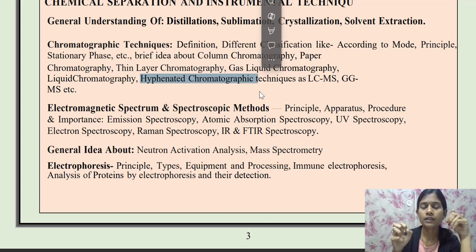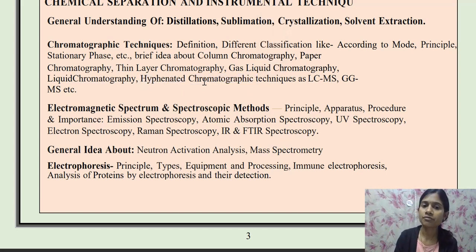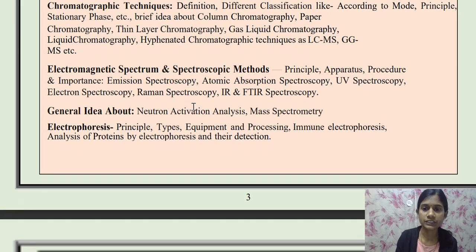If we combine these two instruments, gas chromatography and mass spectroscopy, then we can continuously separate the components and at the same time identify them. So if we add two instrumental methods together, we call it a hyphenated technique. That is why they are hyphenated chromatography techniques such as LCMS, GCMS, etc. You have to prepare this information also for this exam.